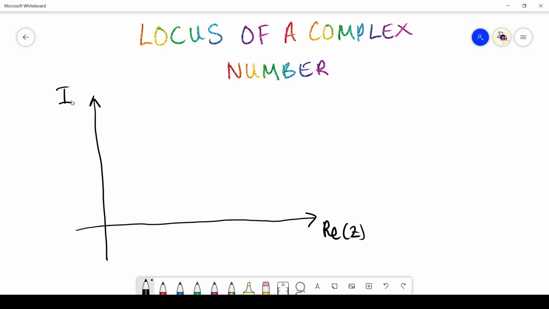And you learned how, if you were given a standard complex number such as x plus iy, you would use those values x and y and represent them like a vector on your complex plane. That's what that complex number is going to look like. But sometimes it's not just a situation where they want to know the location of just that complex number.